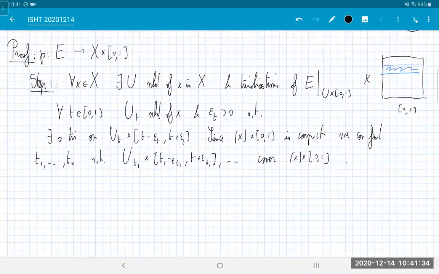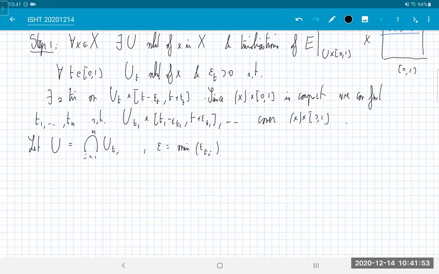And now let U be the intersection and epsilon be the minimum. As usual, you can always restrict it, it's still going to be a neighborhood.